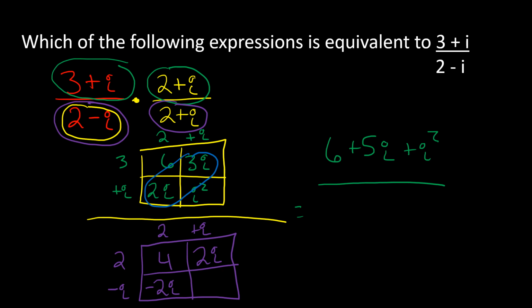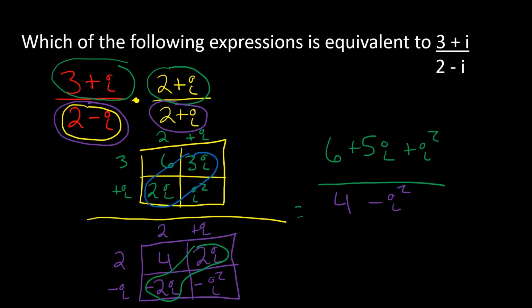And negative i times i is negative i squared. And so I'm sure you guys already seen that we need to combine these two. Well, negative 2i and 2i will simplify out. And that's why we multiply by the conjugate. That's what's important here. So those would simplify out, so you're just left with 4 minus i squared.